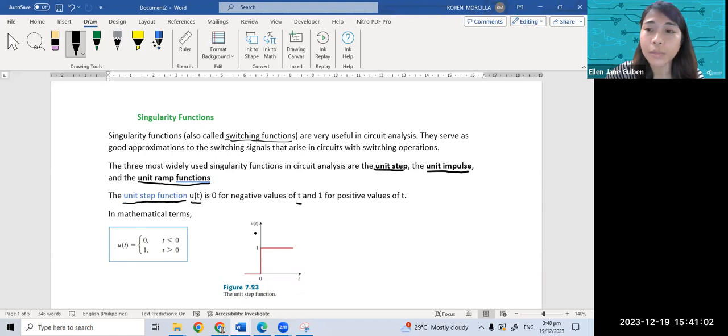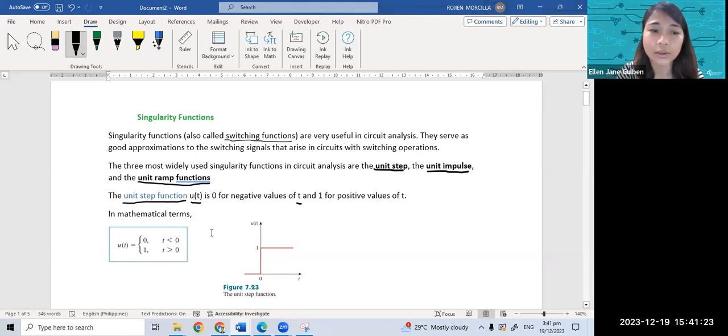So it would mean that it will only have its value 1 after time t. Before the time t, its value is 0.